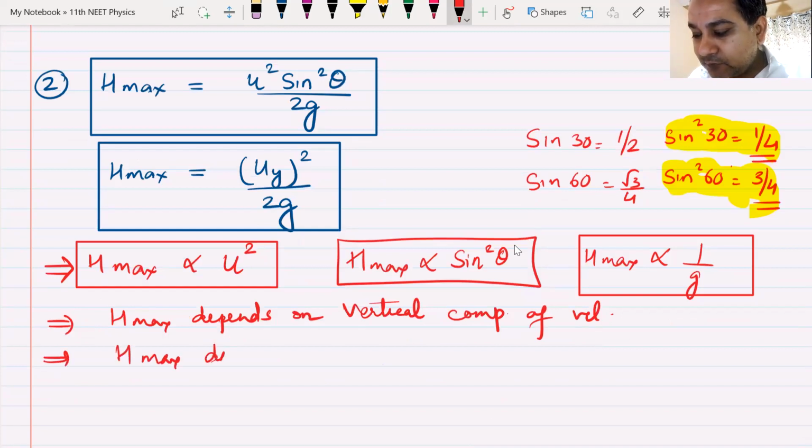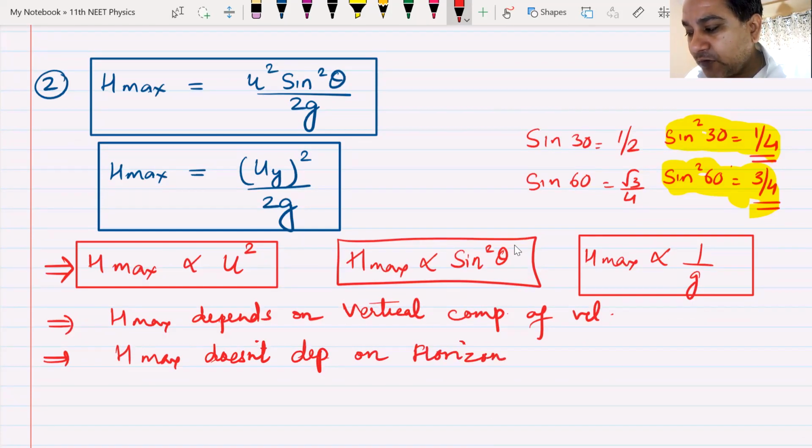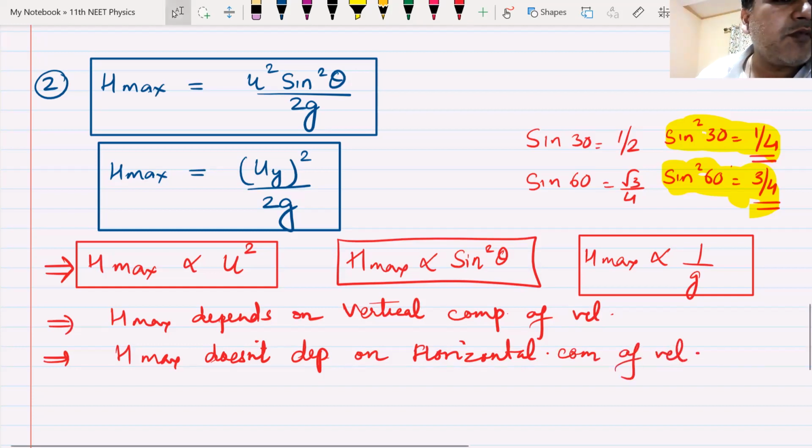H max does not depend on the horizontal component of velocity. So even if you change your horizontal component, the maximum height does not change. Am I clear?